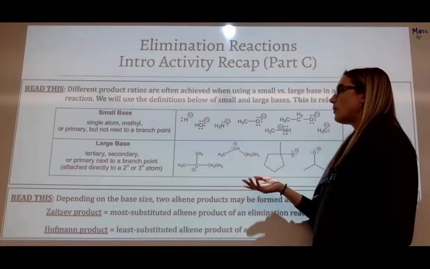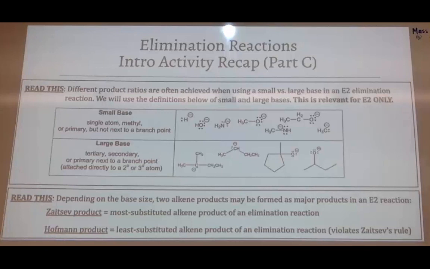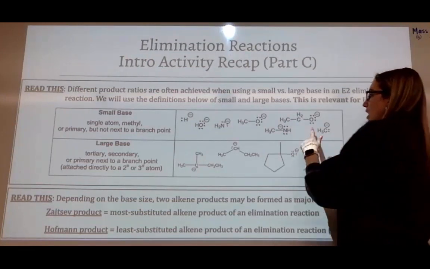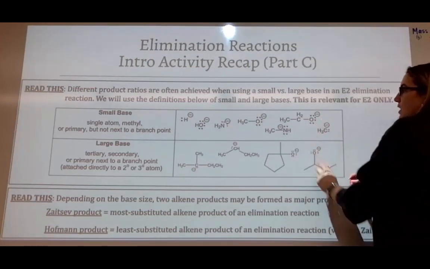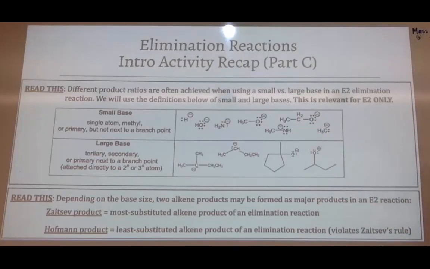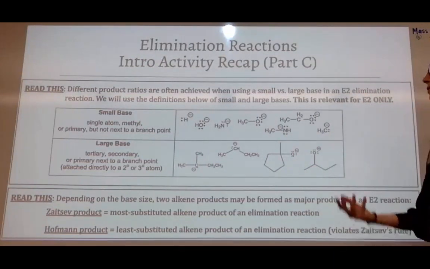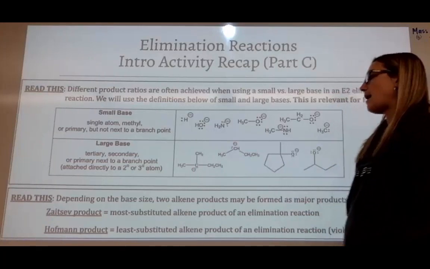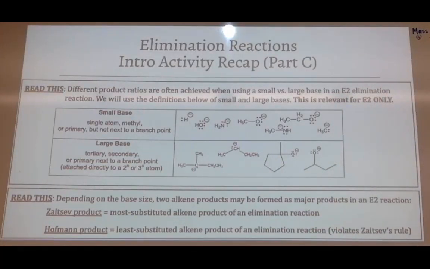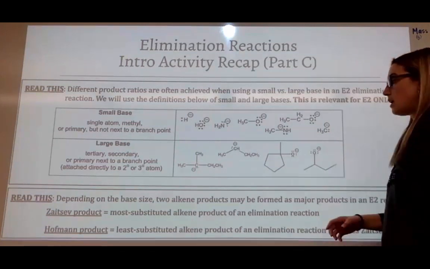When we talk about a small base, we're talking about a single atom, methyl, primary, nothing big, right? So you have this O minus that has one carbon connected and then a methyl group after, or you have this N with a negative formal charge with only a methyl, versus a large base where you're looking more at tertiary connectivity, secondary, or it's connected to a secondary or a tertiary carbon.